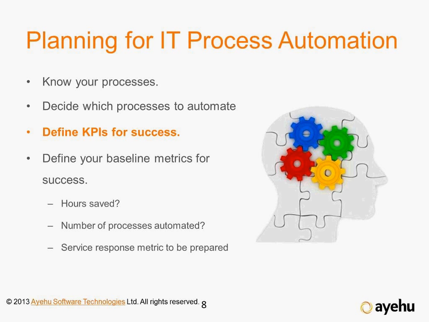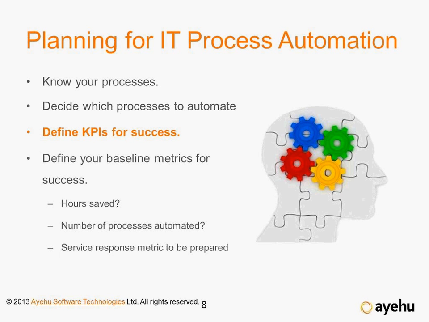So know what your processes are, what it is that you have to do to maintain your environment, and then decide which of those processes you want to automate. We have some recommendations on that we'll get into in a little bit. And then once you've made those decisions, you need to define your KPIs for success. How do we define success after having deployed IT process automation for those processes?